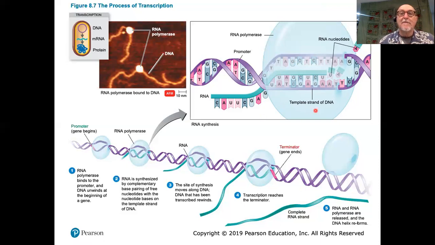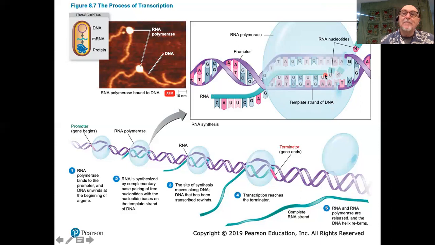Okay, so the next thing to notice, difference to replication. Here we are laying down our messenger RNA strand. We're doing it in this direction. This is the 3' end here of the messenger RNA strand. Here's the 5' end there.